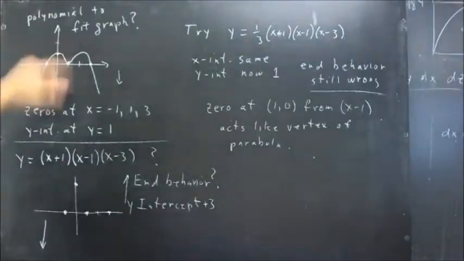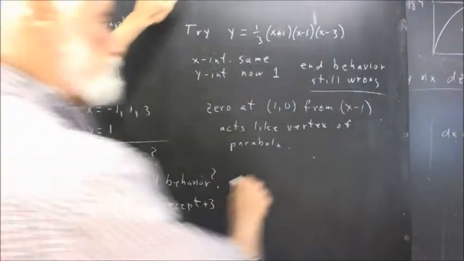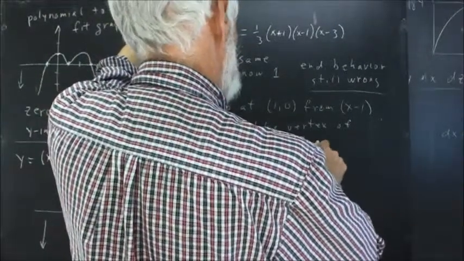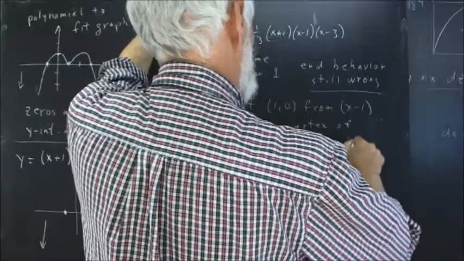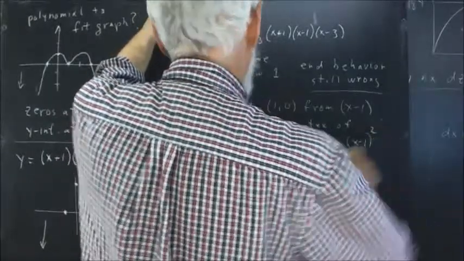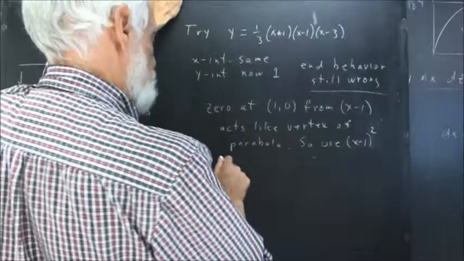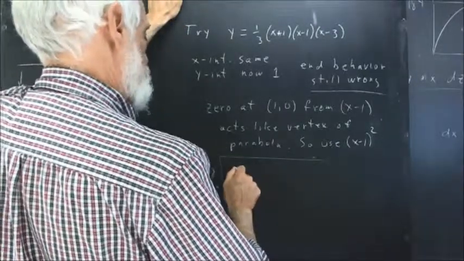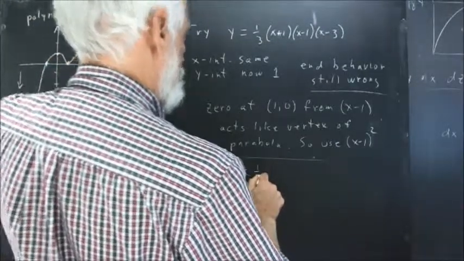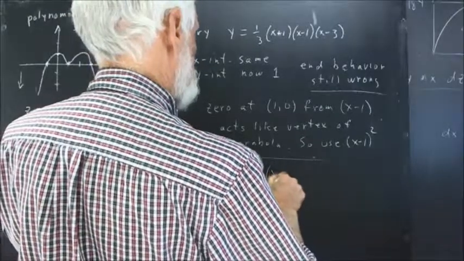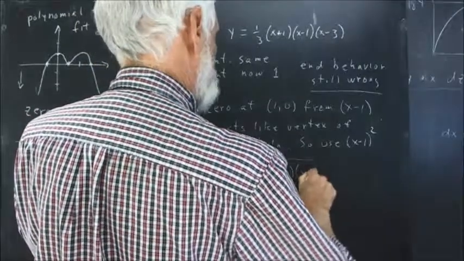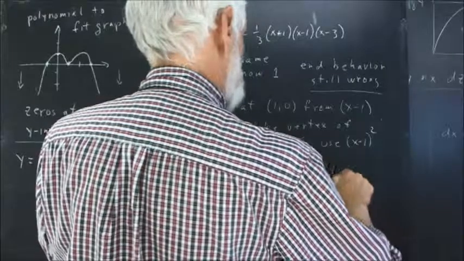The graph has that shape here. So use x minus 1 quantity squared. Now our function is y equals 1/3 of x plus 1 times x minus 1 quantity squared times x minus 3.